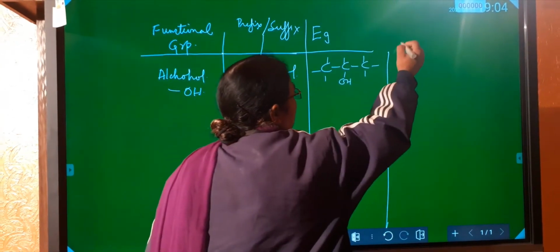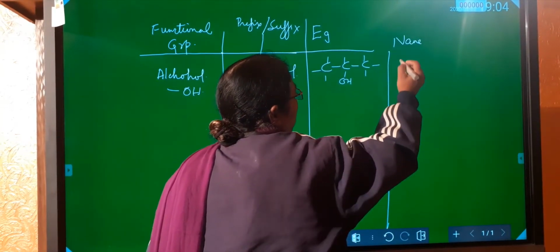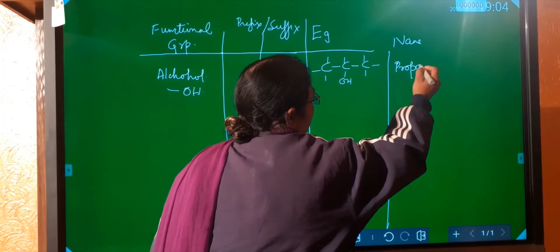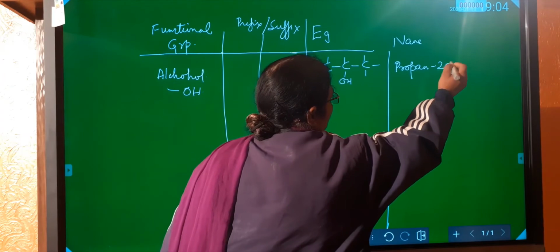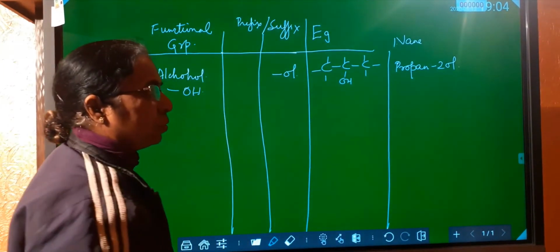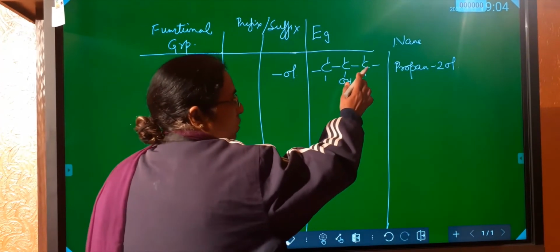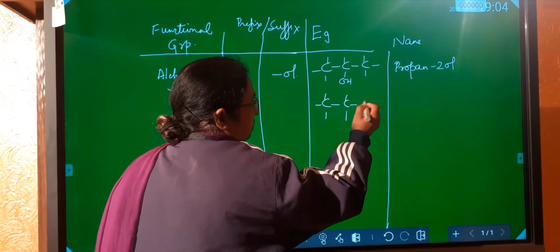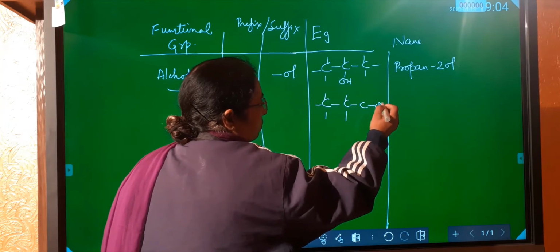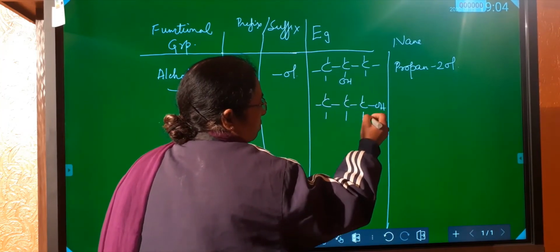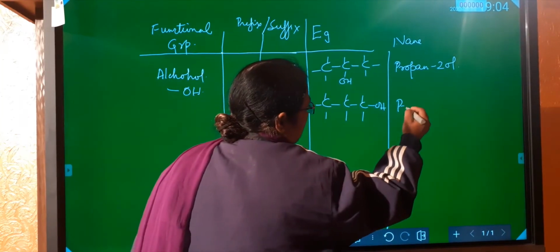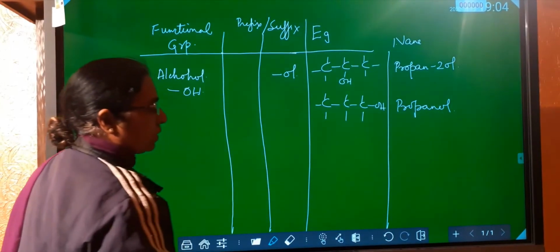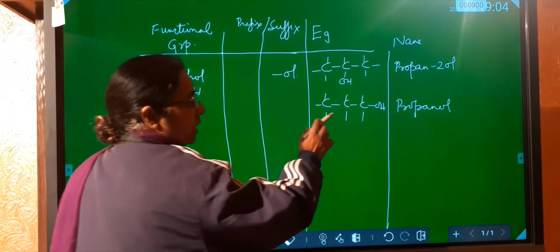So the name over here will become propan-2-ol. So if it was attached to the first carbon, then this will be written as simply propanol, or propan-1-ol also we can write, but it is generally written as propanol.